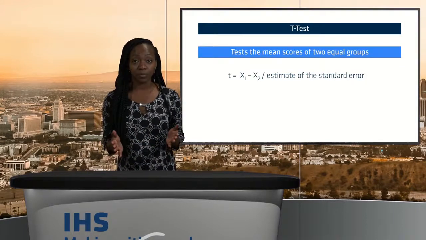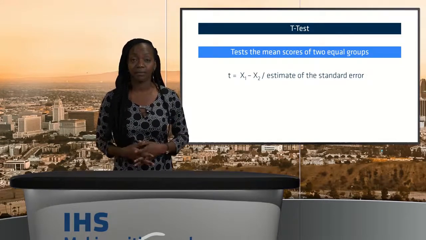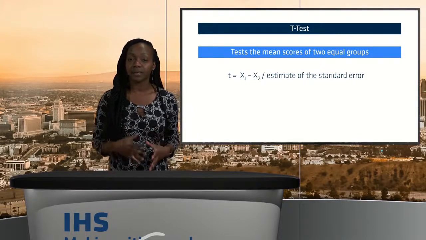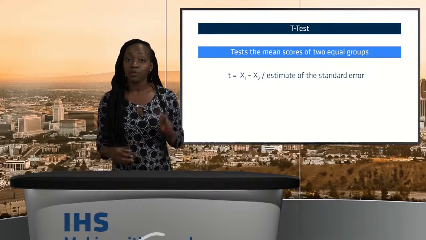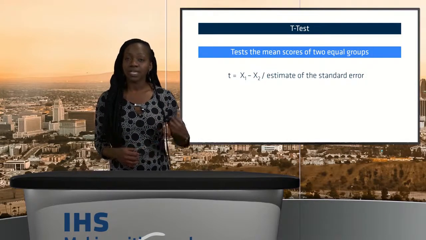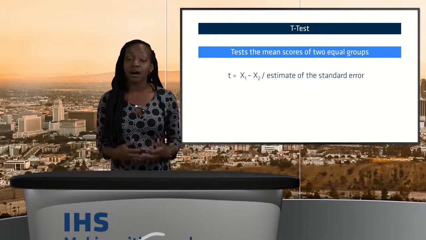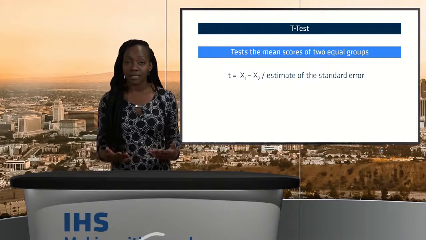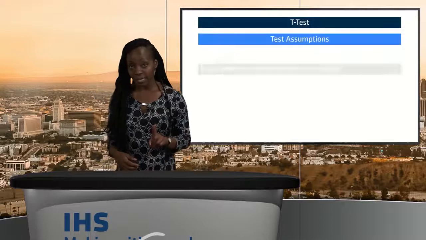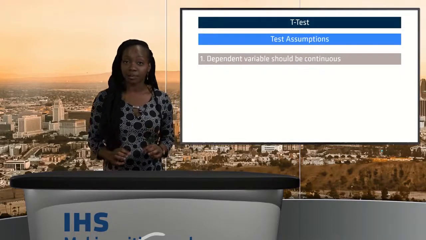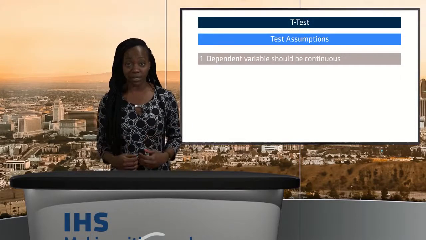The next test we will look at is the t-test. This tests whether the mean scores of a scale variable are equal for 2 groups. Just as in the chi-square test, there are some conditions that need to be met before performing the analysis. Firstly, the dependent variable should be measured on a continuous scale.